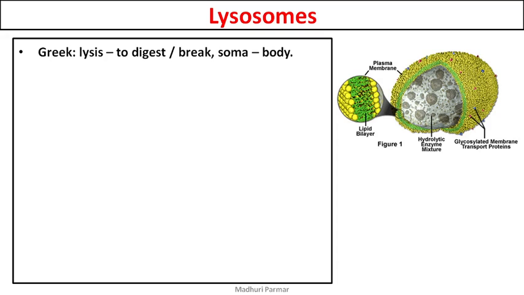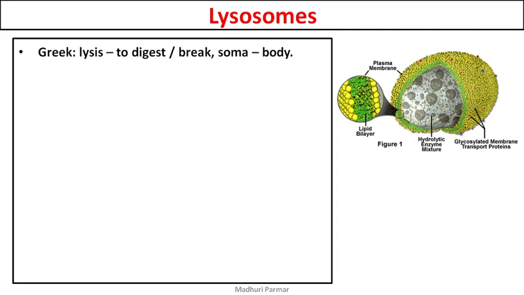How does it get its name? In Greek, lysis means to digest or to break. You will have heard of this term lysis a lot in biology, so it is important to remember what it means. In Greek, lysis means to break or to digest something, and soma means body.